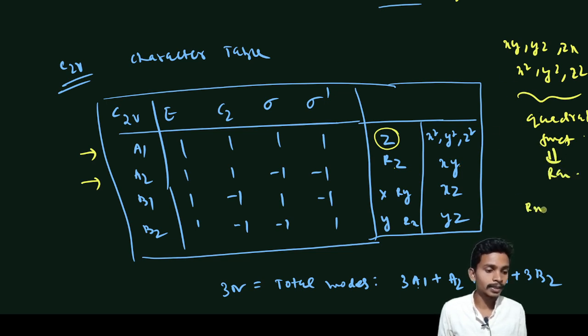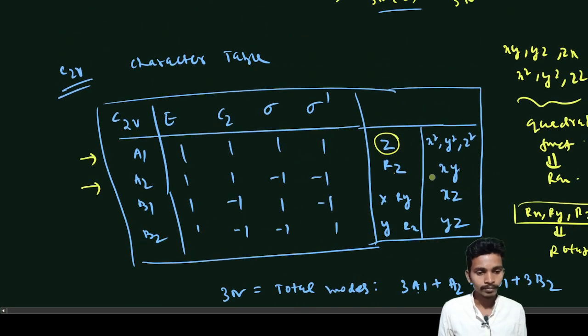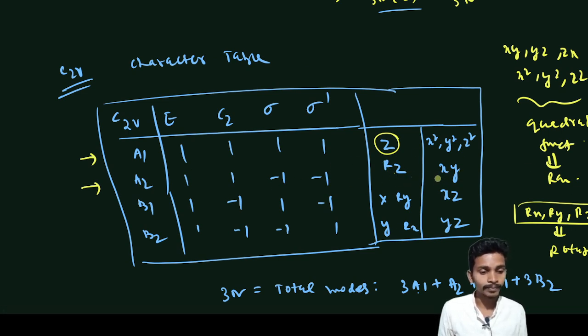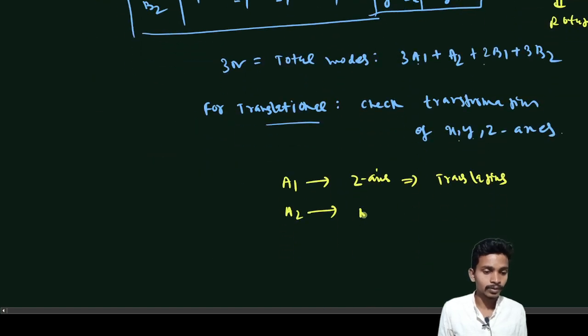Another is Rx, Ry and Rz; these are the rotational. For rotational, we will check whether this R is present or not. So for translational, we will check the x axis, y axis, or z axis. For A2, we see that no, those kinds of axes are not there. x, y and z are not there. So this is translational inactive. So no axis, so no translationals.